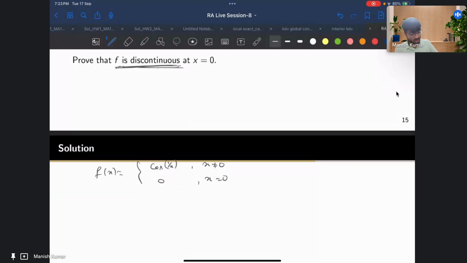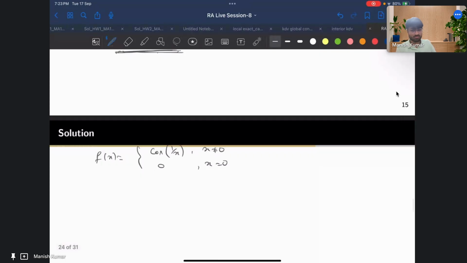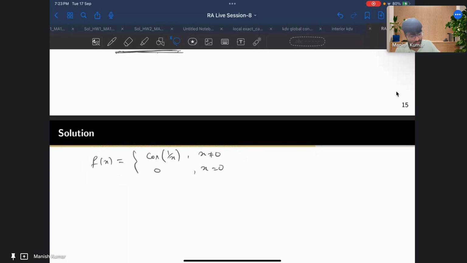I think it was sin(1/x), but the same argument would work here. So let's say you choose this sequence x_n as 1/(2nπ).